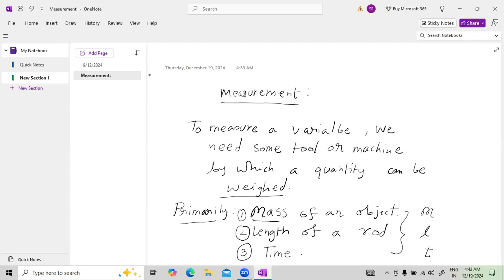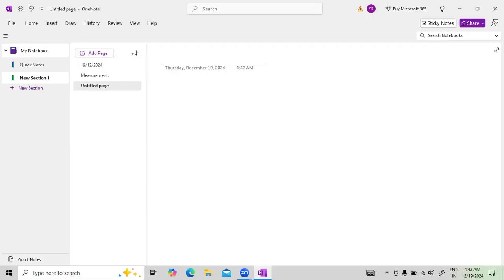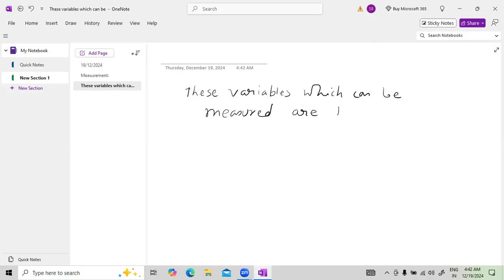Okay. Now, these variables which can be measured are known as physical variables.